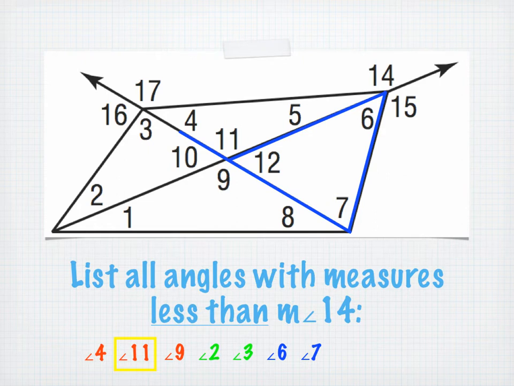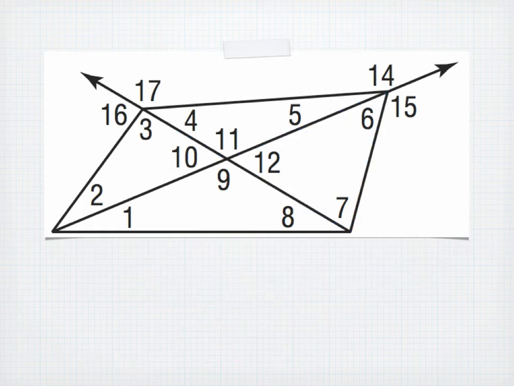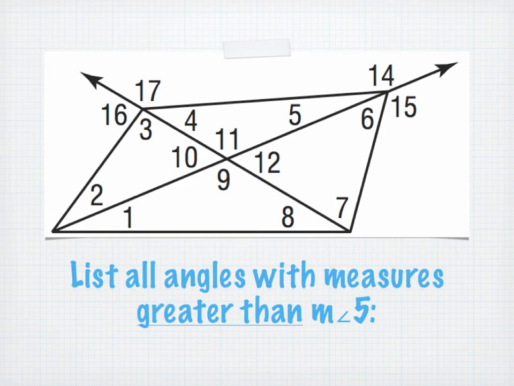Let's look at another example using this exact same diagram, but now the problem asks, list all angles with measures greater than angle 5. So we have to ask ourselves, for which triangles is 5 a remote interior angle? So here's one possibility.